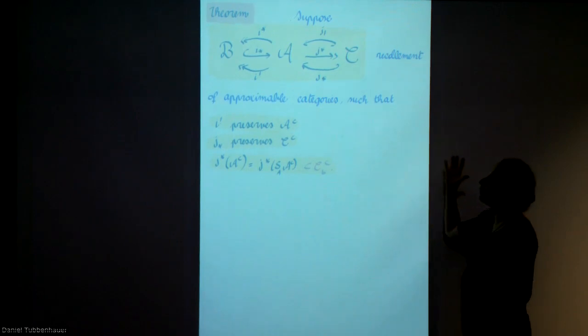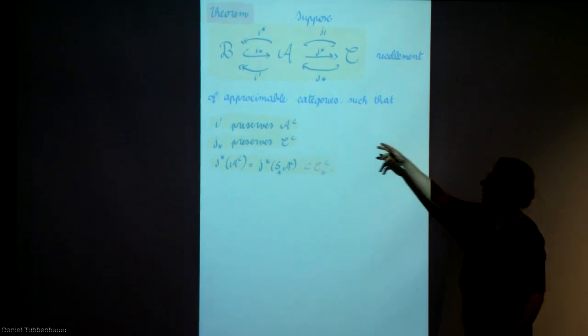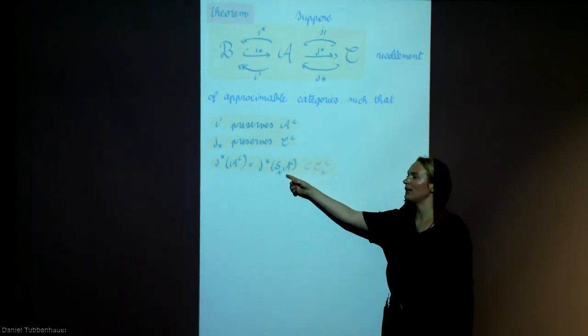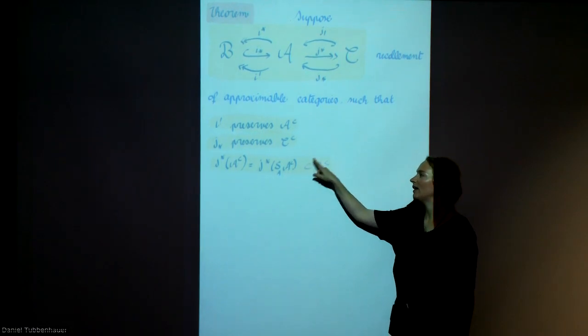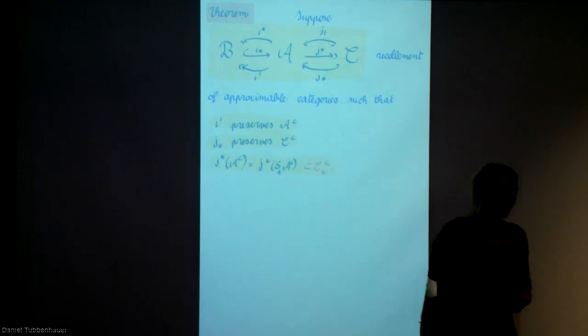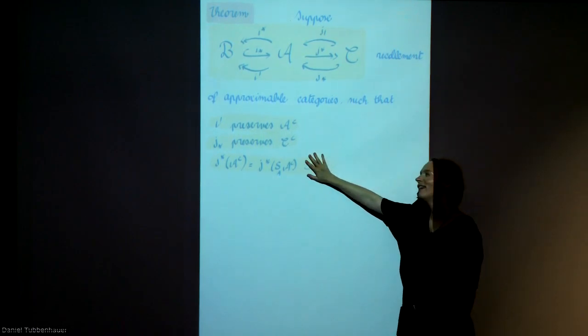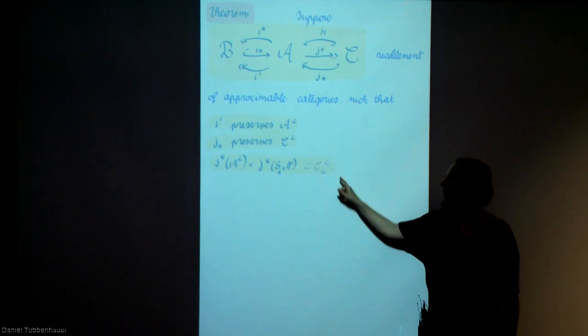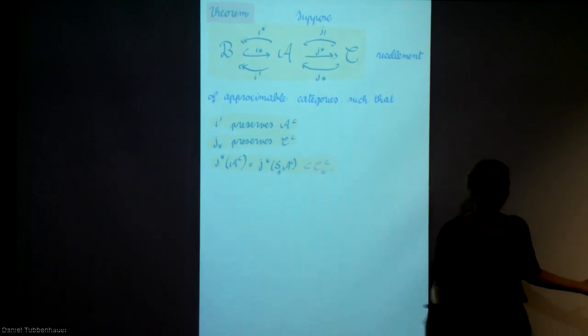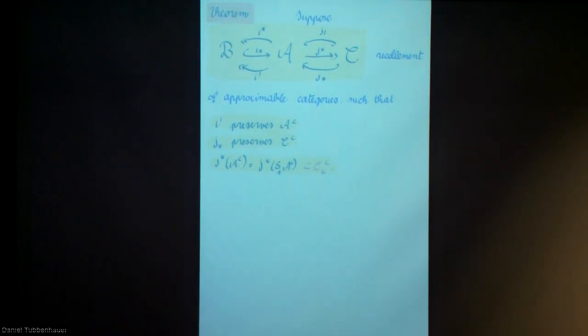So we have three approximable categories, some recollement that satisfies these three conditions that we certainly need. And then there's a third condition that uses some notation that I didn't feel like explaining, but it is very mild. So again, you can choose to ignore it if you like. So this is an extra condition.